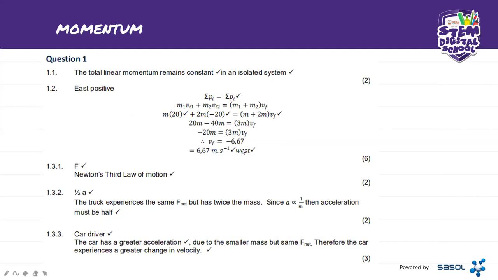So imagine how many marks you would have lost if you just stopped at final velocity equals minus 6.67. It's never the final answer. The final answer is 6.67 meters per second to your west, and there you will have your total 6 marks. Okay, I hope we're all good.